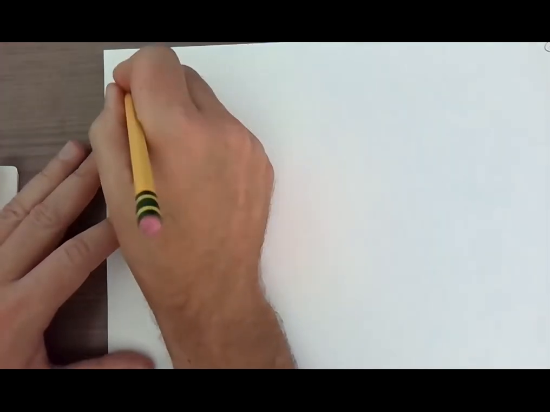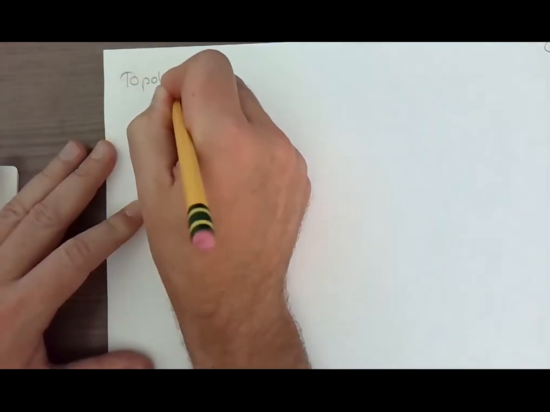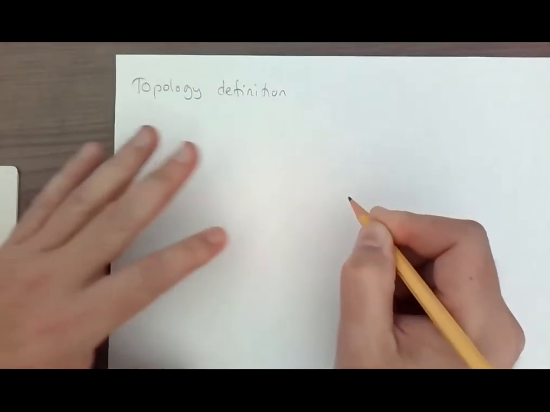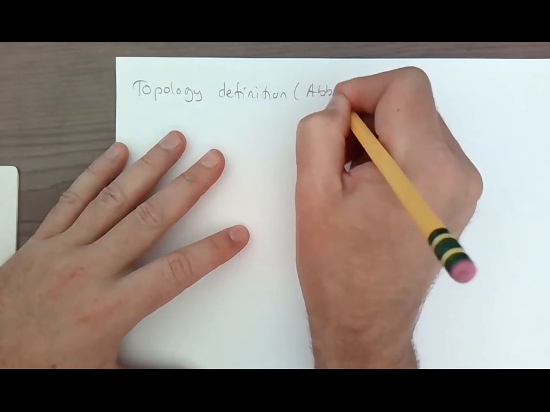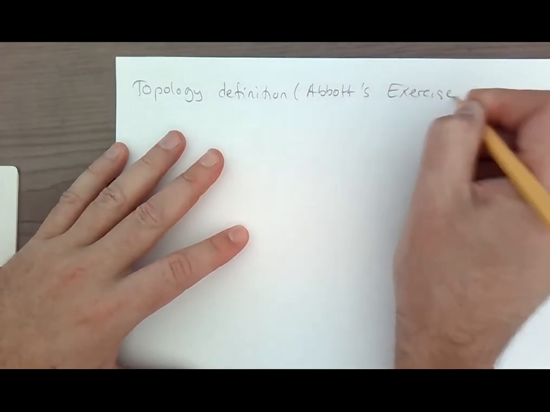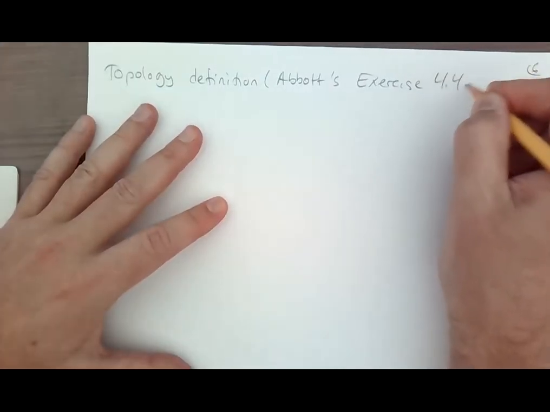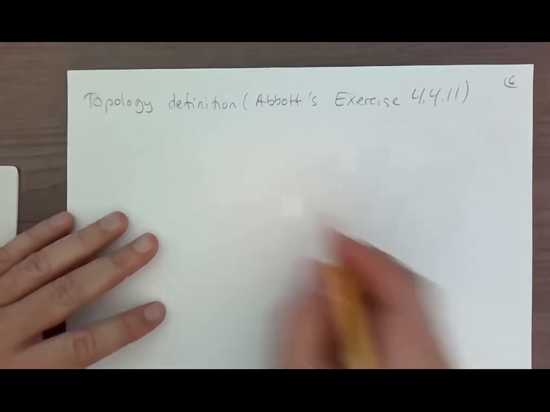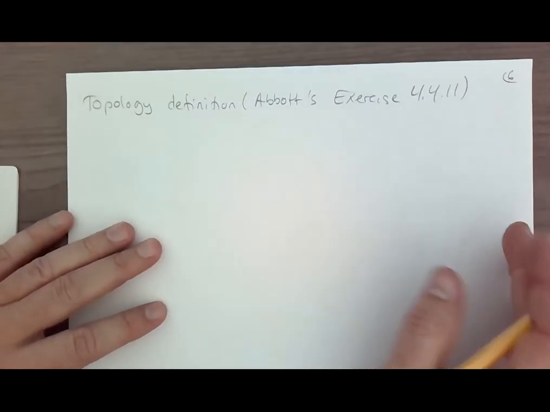So this here is the topology definition. And Abbott hides this. This is Abbott's exercise 4.4.11. So the topology definition is much cleaner than this epsilon delta that we did.